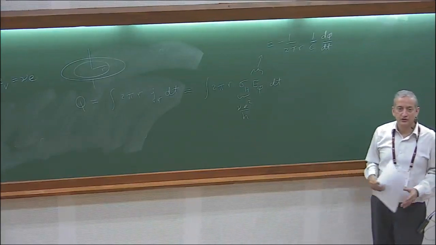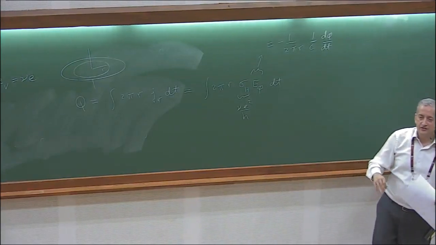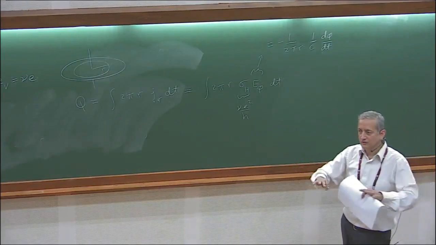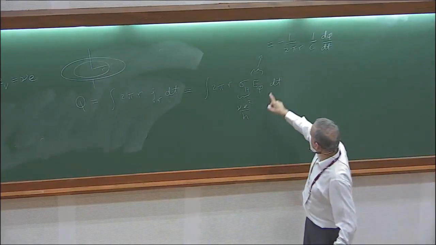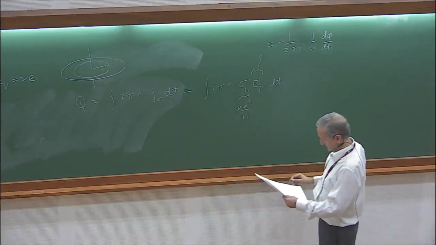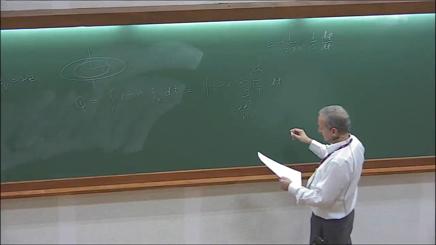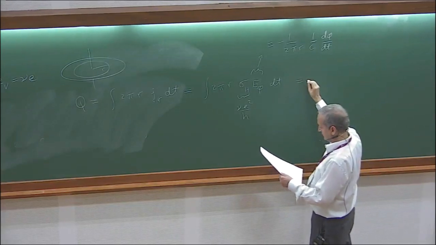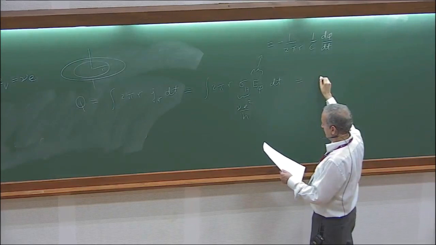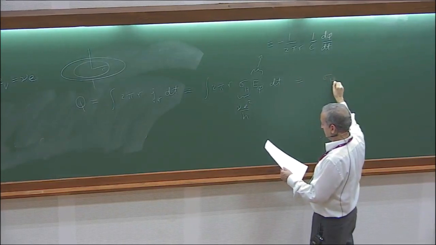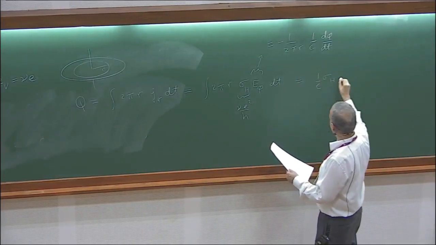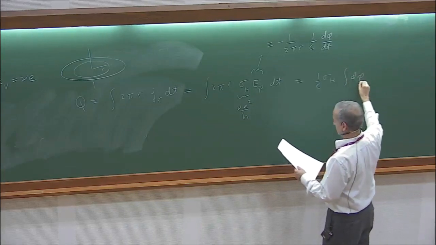You substitute all of this, and you will find that this result becomes equal to sigma_H times 1 over c integral d phi, and there may be a minus sign here. Phi goes from 0 to phi naught.